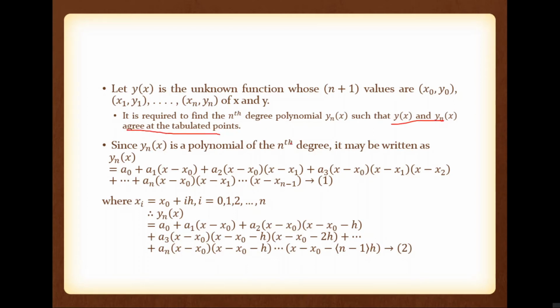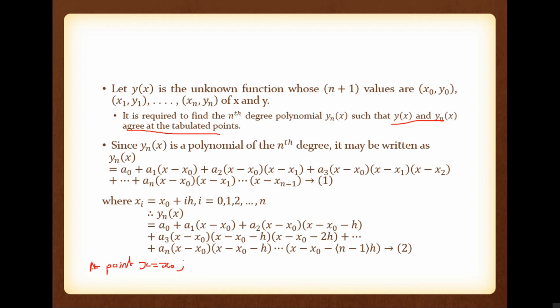At the given points, yn of x is exactly equal to y of x. Is it okay? So my question is, at the point x equal to x0, what about the unknown function and the nth degree polynomial yn of x? Both are equal. Am I correct?